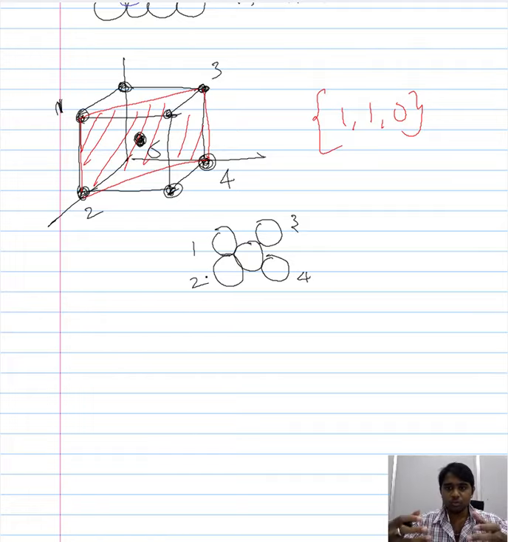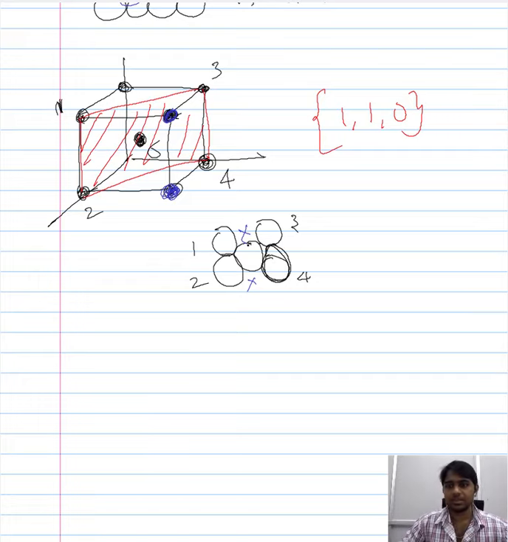Now when you want to stack the other layer of atoms that begins with these two atoms, the next layer will begin with these two atoms, the ones in blue here. So these two atoms occupy a position that is here and here. Pardon me, this 3 and 4 should touch each other, so it should be like this.